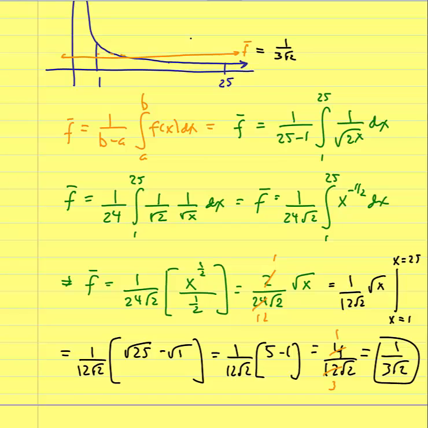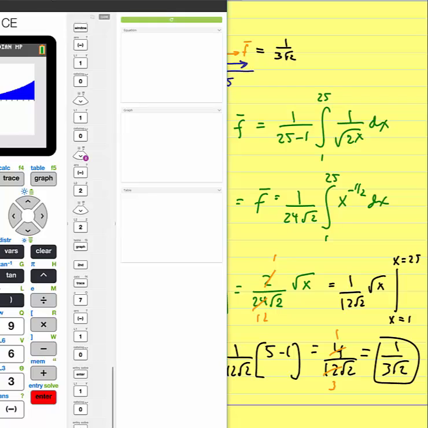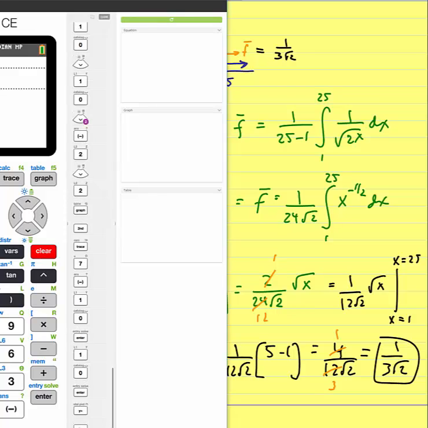Now, on a calculator, let's figure out what this is, just to double check our work. So I'm going to look at the graph, and that's going to be 1 over root 2x.